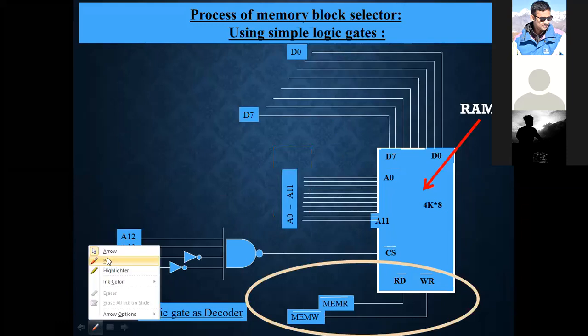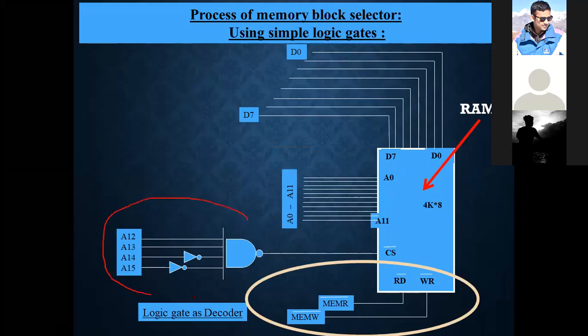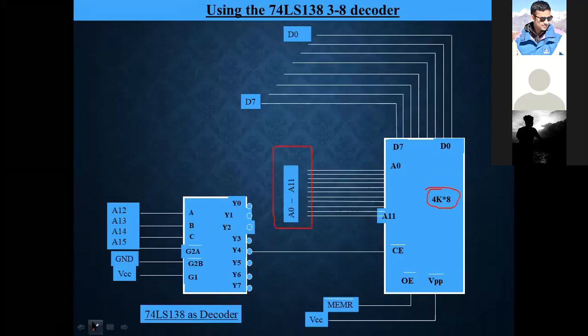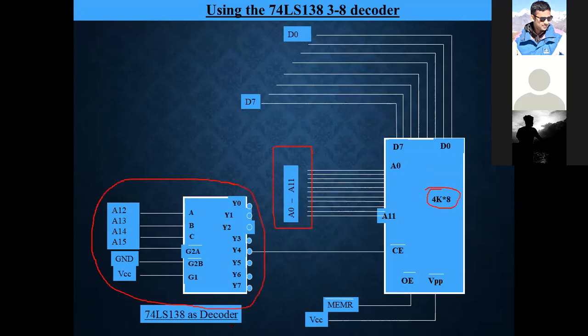Unlike the previous slide, where the chip enable was done with a NAND gate, in this particular ROM interfacing, as an example only, we are using the 74LS138 as a decoder.